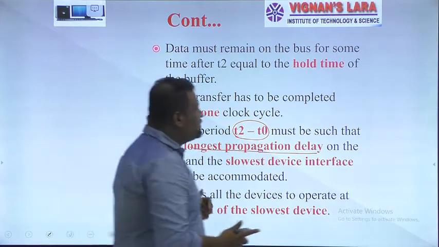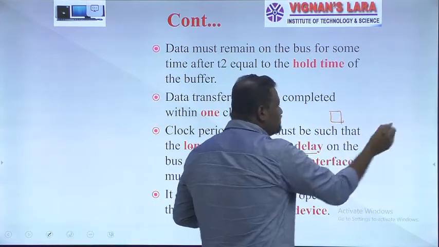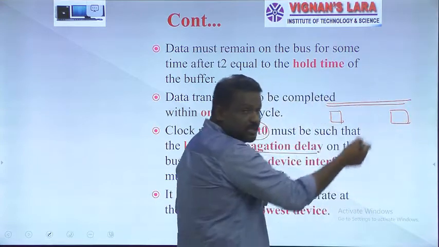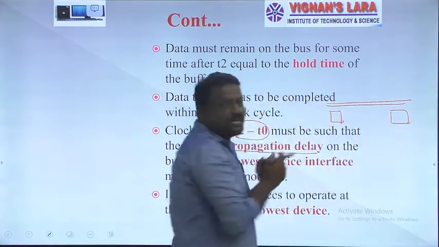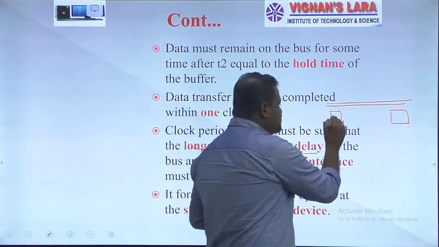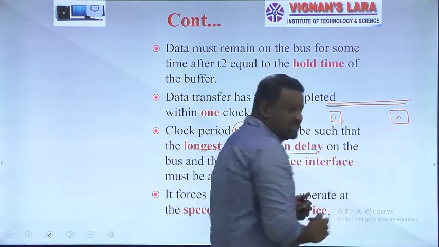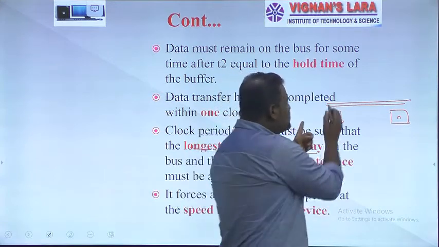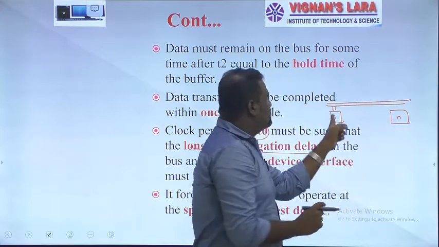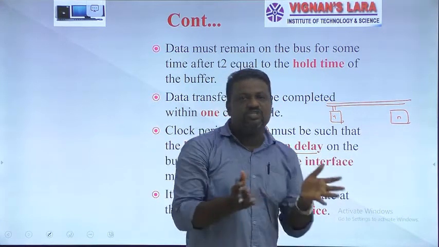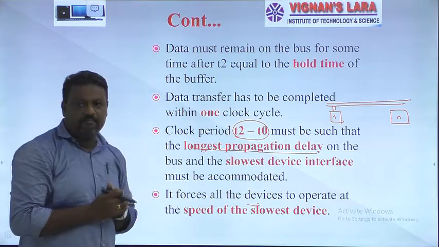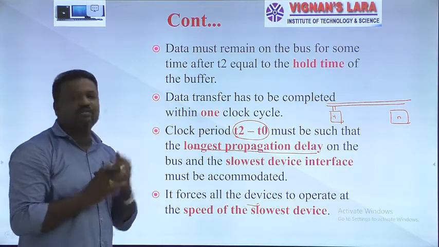What is the longest propagation delay? The time taken by the bus to transfer the information from the first device to the last device connected to the bus. For example, assume this is the first device and this is the last device. How much time will the bus take to transfer data over these lines from this end to this end? That we consider as the longest propagation delay time. So this is one thing you have to consider.